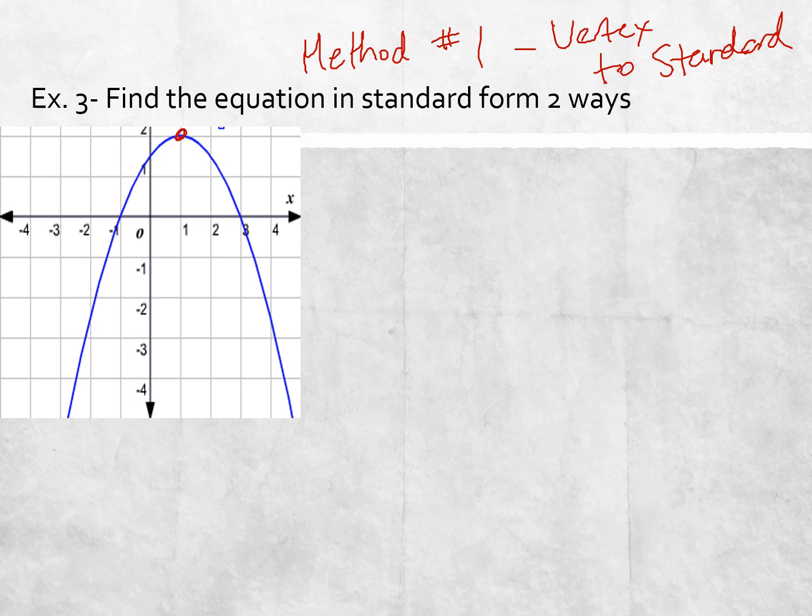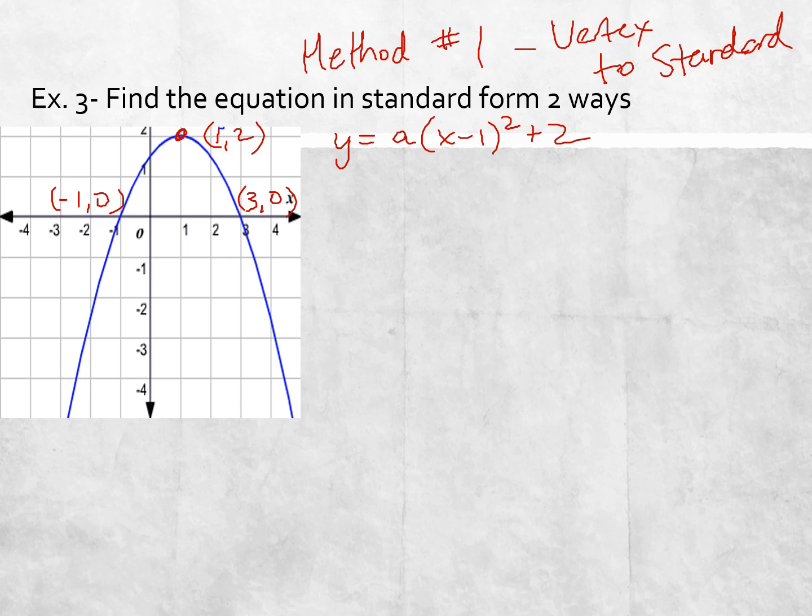So if I give you that parabola from last unit, you would tell me the vertex, which is right there. You would tell me that has coordinates 1, 2. And if I asked you to put that in vertex form, you would say y equals a(x minus 1) squared plus 2. We need to find our a value. Again, you have some nice points to pick. We could pick that value, which is negative 1, 0, or we could pick that value, which is 3, 0.